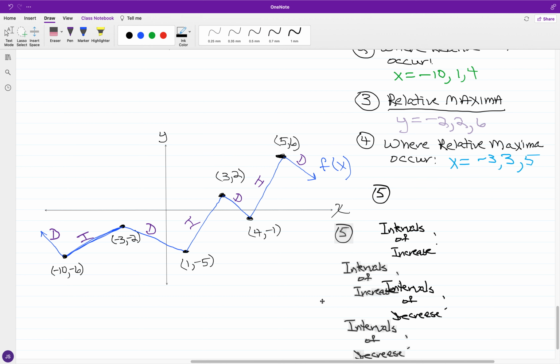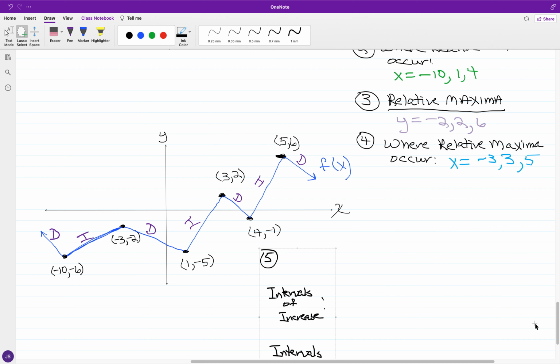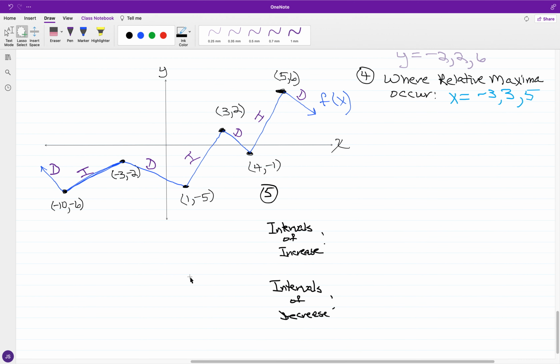So for the intervals of increase, you're looking at between -10 and -3. You're looking at just the x values in interval notation.